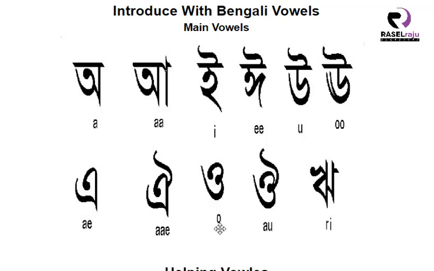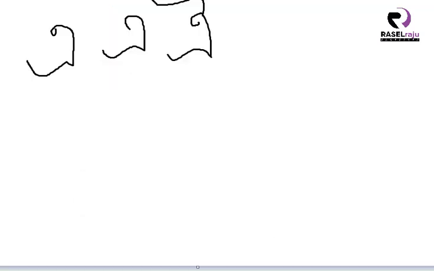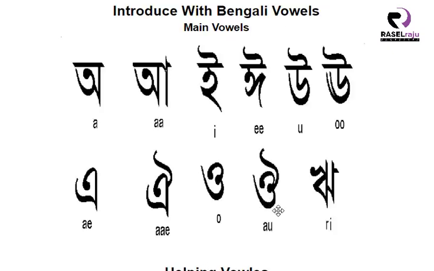O. English O. It's Bangla O. How to write it? O. It's O. How to write it? Just add an extra.